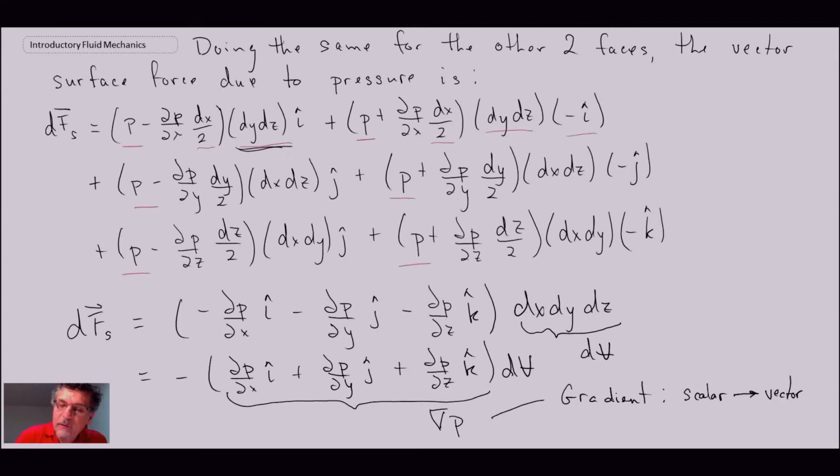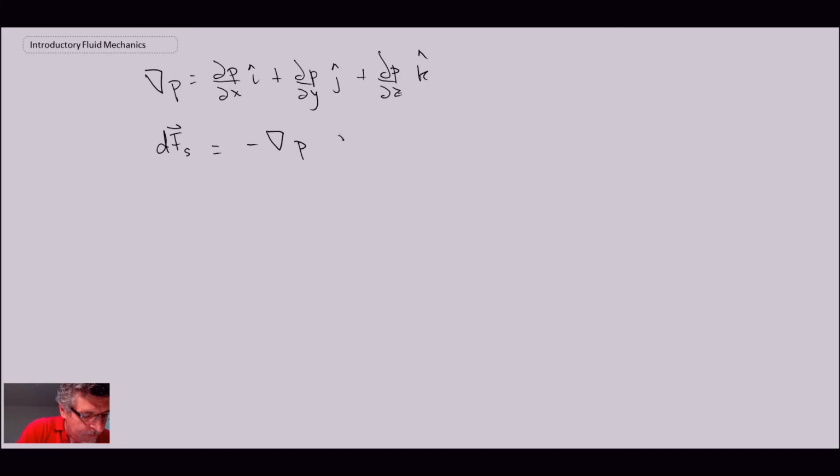So there's the gradient operator, and we can rewrite our surface forces due to pressure in that manner. Then I'm going to divide both sides by dV, and move the minus sign over, so I'll have the gradient of p on the left, and that will be equal to dFs by dV.